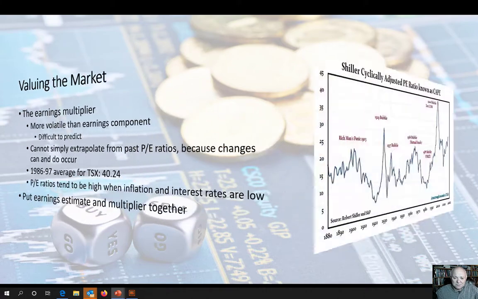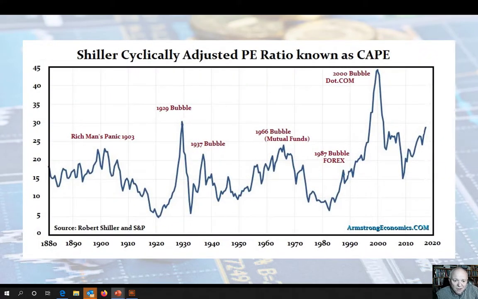And you can see from the history of average price earnings multiples based on the Standard & Poor's Index in the United States, from the 1880s till today, there were times when the price earnings multiple on the left-hand side was as low as 5 times. By the 1920s, it rose to 30 times price earnings multiple with the 1929 bubble.